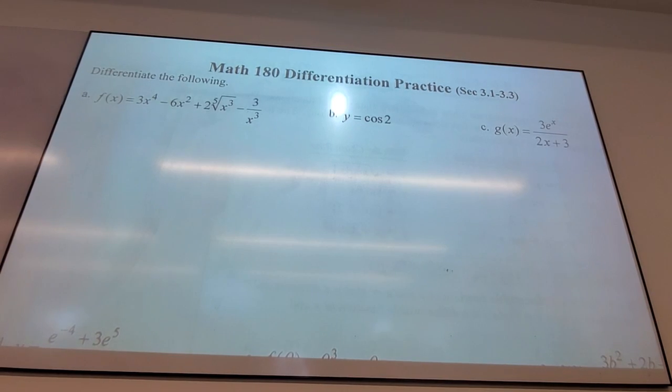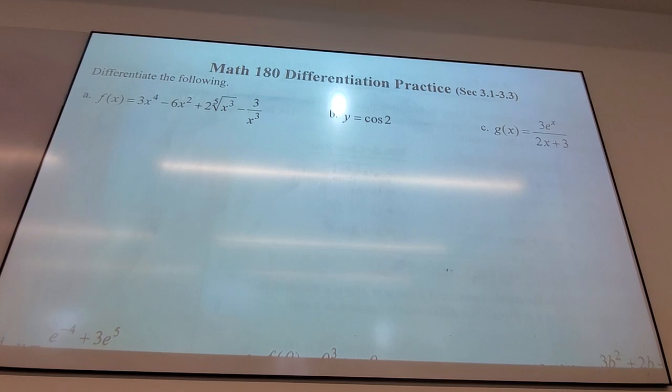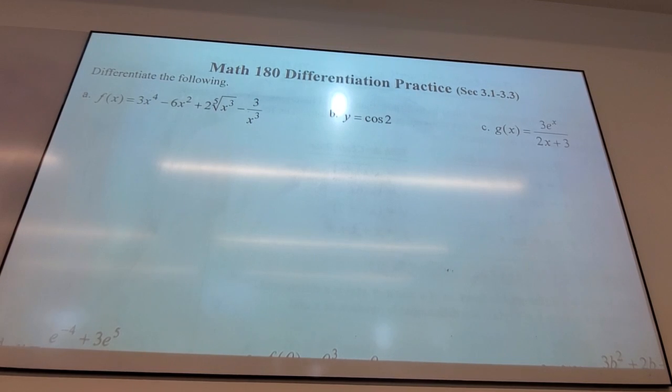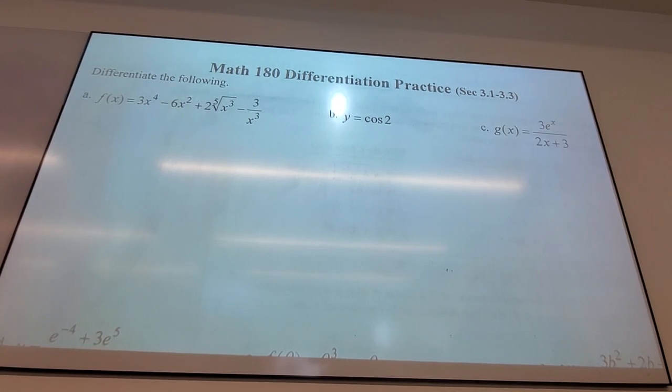Power on the top, two on the bottom. The powers are gonna be negative because we don't like the root up here.